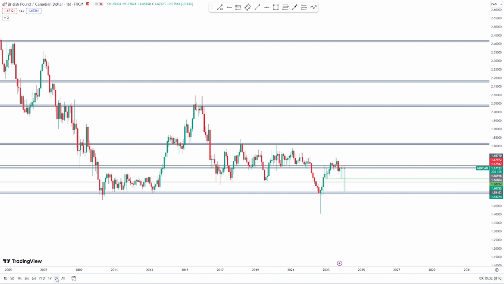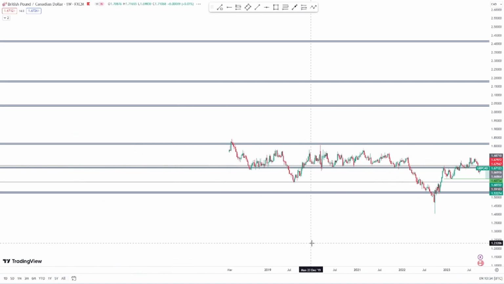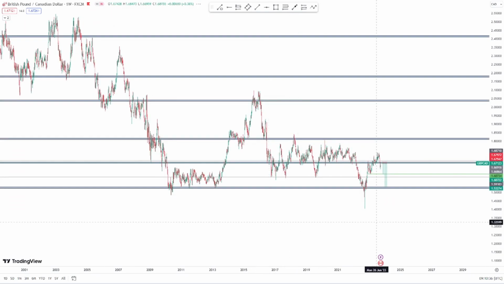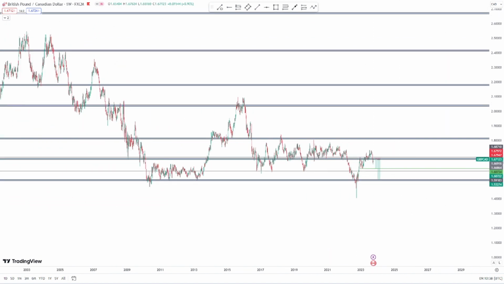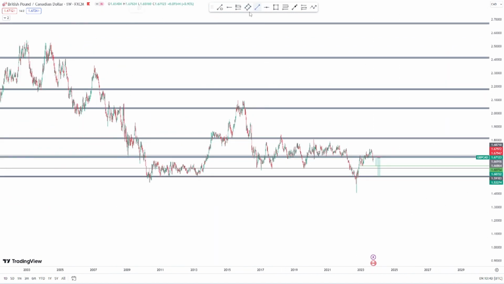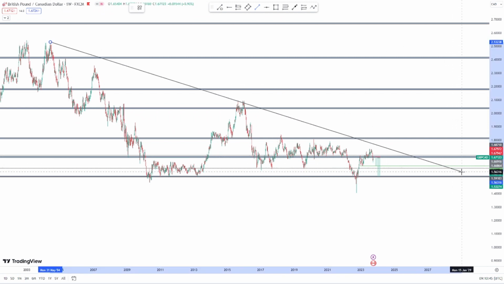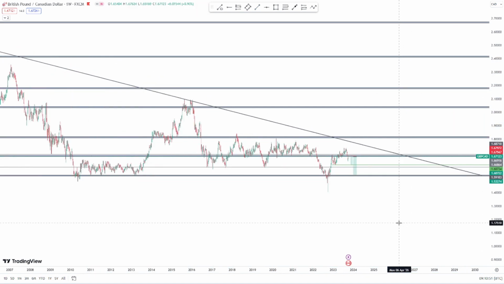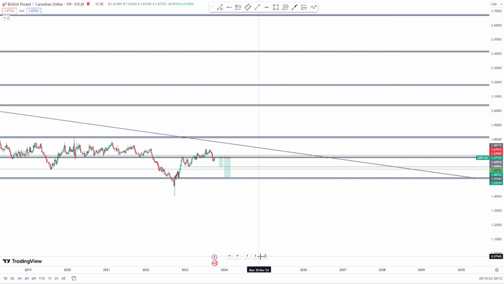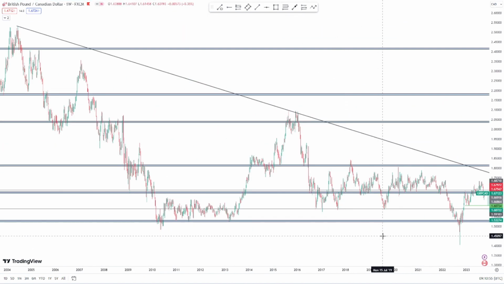Let's go back to the weekly time frame. Price is still far away from that trend line, this inner trend line on the weekly time frame.